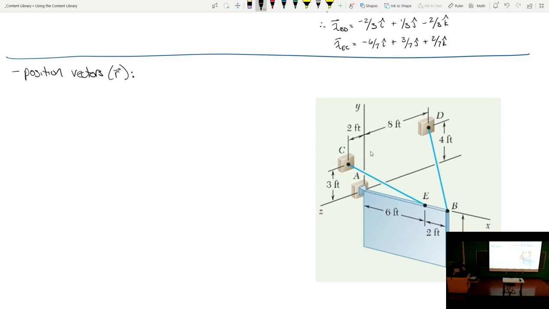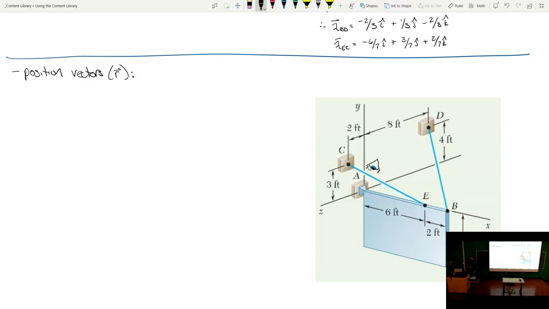So our weird Dr. Mike eyeball is going to be focused on point A. But what that means in the land of three dimensions is that we need position vectors that measure from A. Okay?